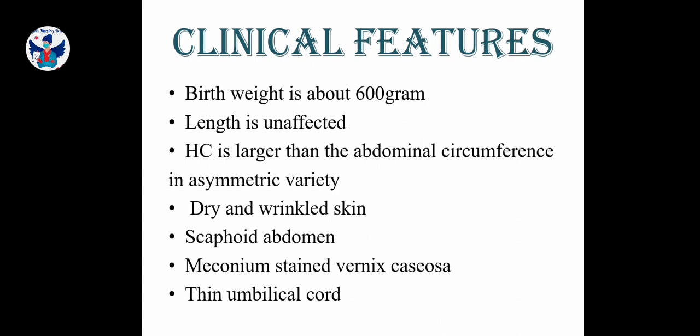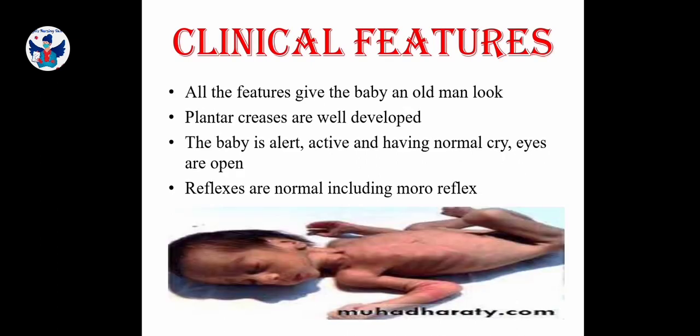That means it looks like an old man look. Next, scaphoid abdomen, meconium stained vernix caseosa, then thin umbilical cord, and as I have told already, all features of the baby will be giving an old man look.